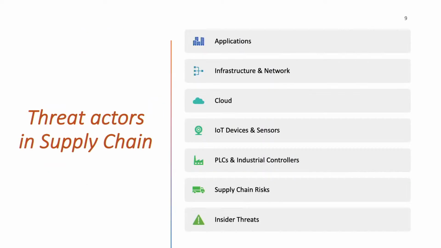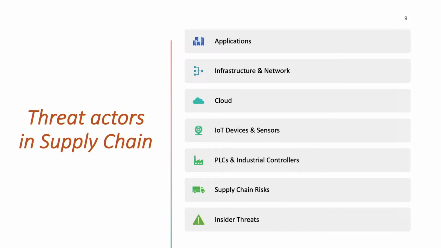So the threat actors in this scenario would be applications, because everything which is running in OT is run through applications. It runs on the infrastructure and network. So let's say in a distributed environment, if the network is not segmented and multiple third-party vendors are involved, one network can expose another, and one vulnerability can travel through other networks, and that's how the escalation can happen.